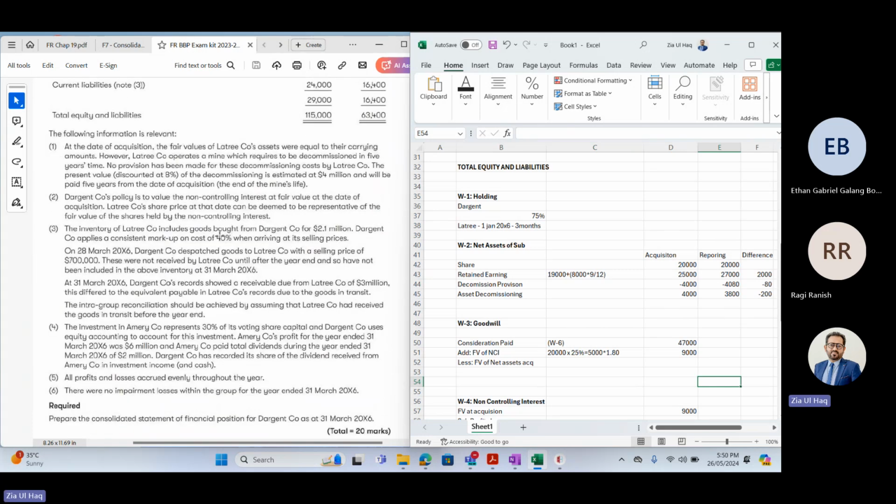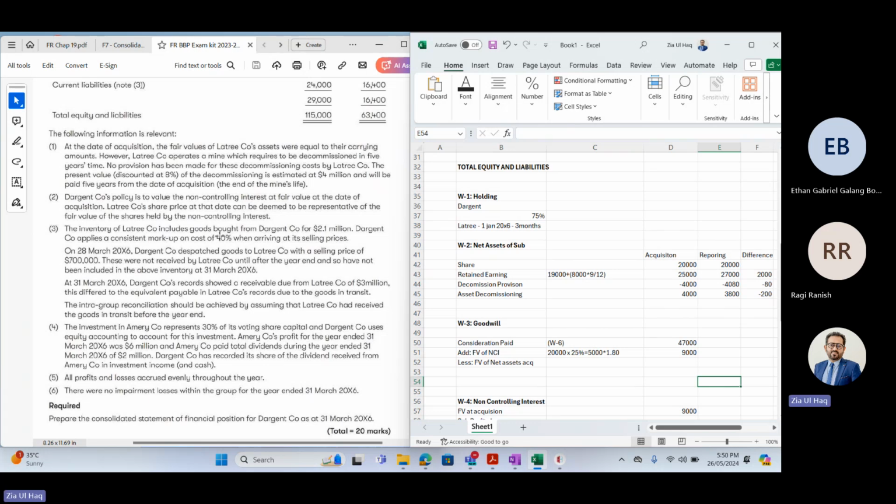The inventory of Latry company includes goods bought from Dargent company for 2.1 million. The parent sold some inventory to the subsidiary for 2.1 million.